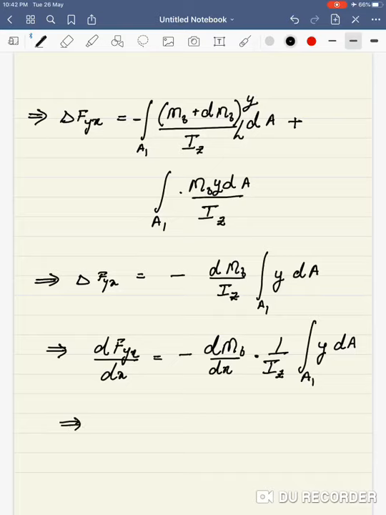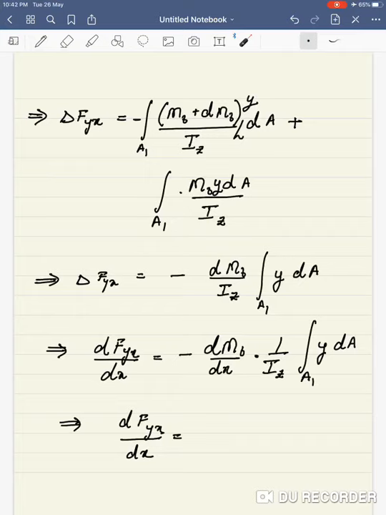Okay, so this gives me dy/dx. What is going to be dM/dx? You have seen this particular term before. Do you remember? That this derivative is now simply going to be my shear force.